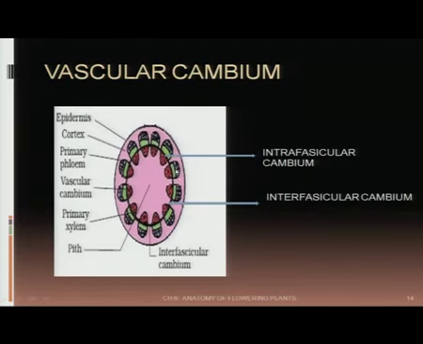Look here in this diagram, the cambium that is present between the xylem here in the red patches and the phloem is known as intrafascicular cambium, and the one which develops later in the medullary rays between two consecutive vascular bundles is known as interfascicular cambium.